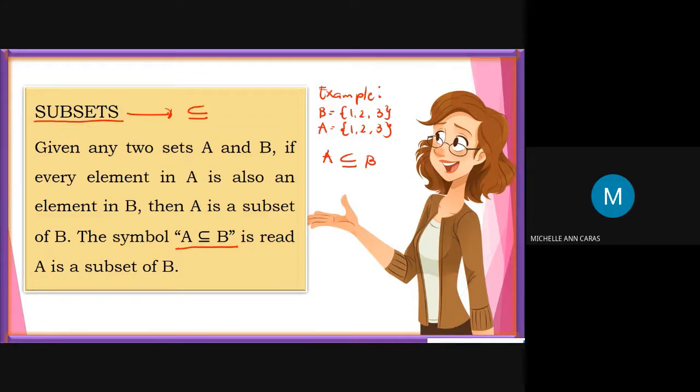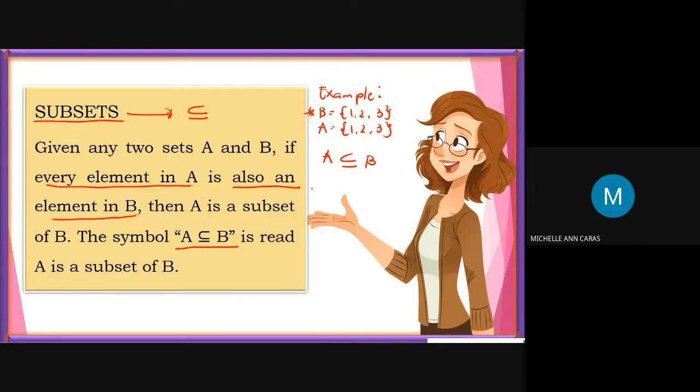Si A mayara siya sang element nga 2, si B mayara man siya sang element nga 2. Si A meron siya sang element nga 3, the same thing si B meron siya sang element nga 3. So take note, tanan daw, every element in A is also an element of B. Kaya, si A is a subset of B. Okay. So that is the definition of subset.